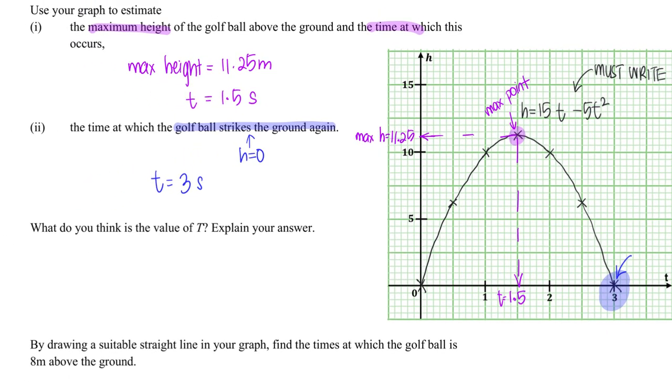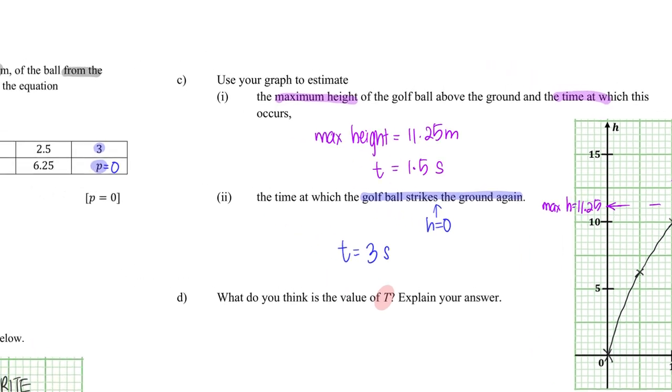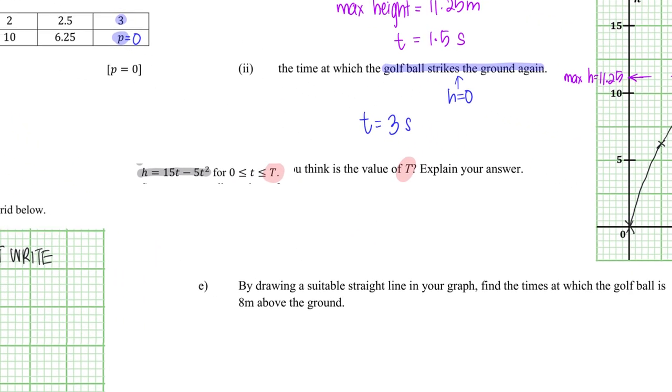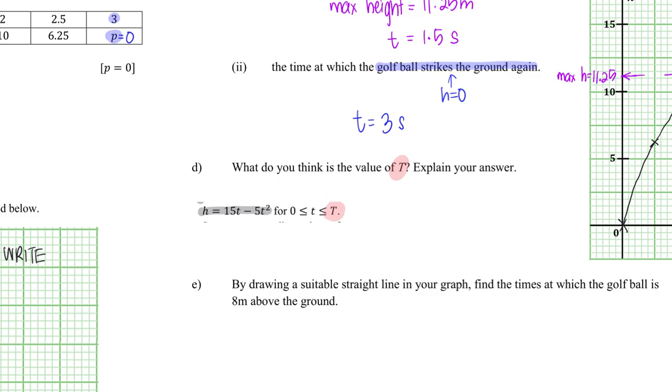What is the value of t? Where is this t though? Let's go back to the question. Oh, the t is here, so I'm going to just cut this out. I hope you can see that the t is here. And I'm going to just pull this over so that I can explain it neater.